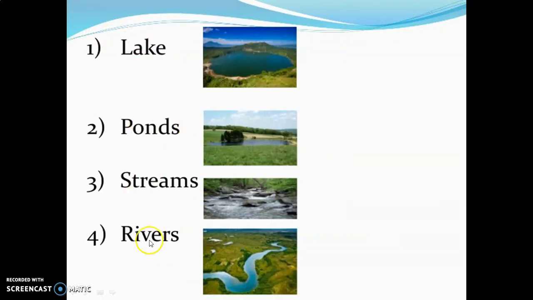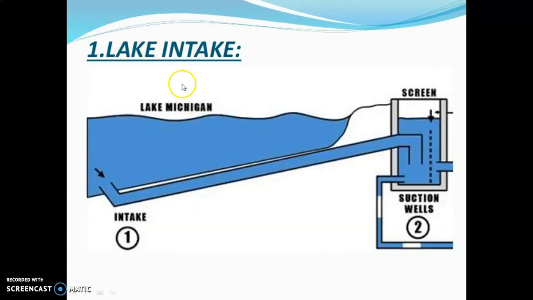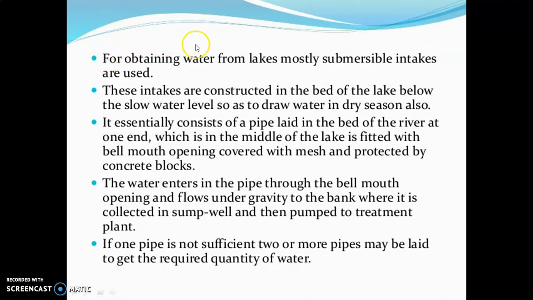Lakes, ponds, streams, rivers. Lake intake, then screening of water and suction wells. For obtaining water from lakes, mostly submersible intakes are used. These intakes are constructed in the bed of the lake below the lowest water level, so as to draw water in the dry season also.